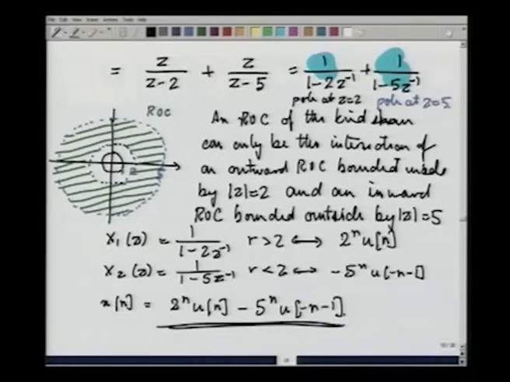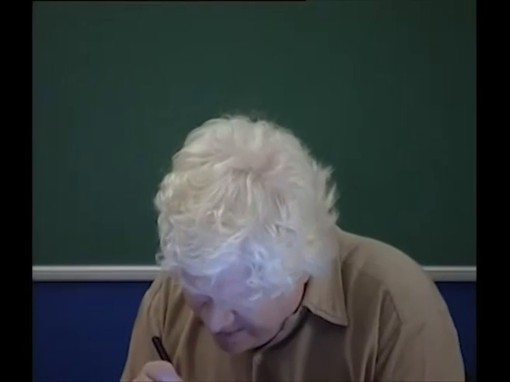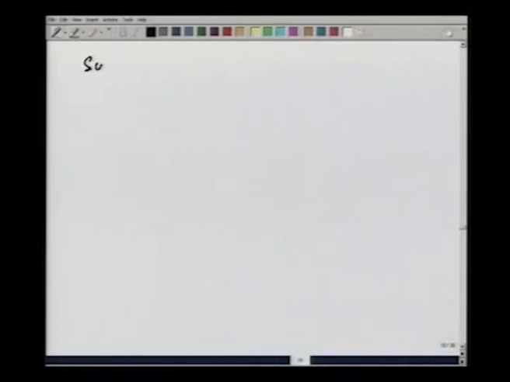But let us just explore other possibilities that could have been supplied as the ROC for X z. Briefly, suppose X z had been the same, but we had been told that the ROC was r greater than 2.